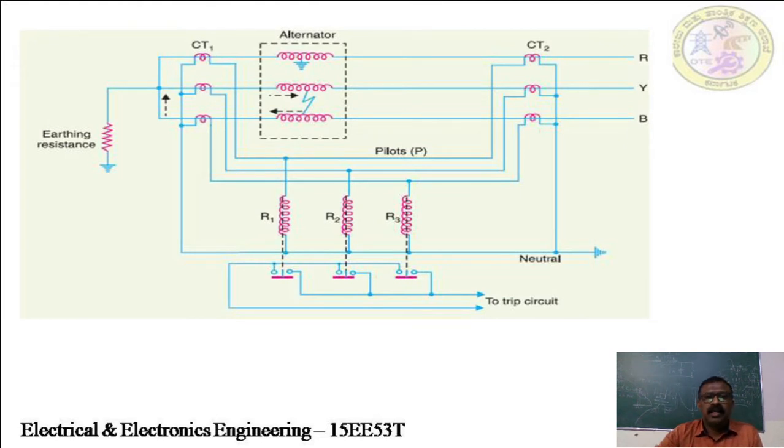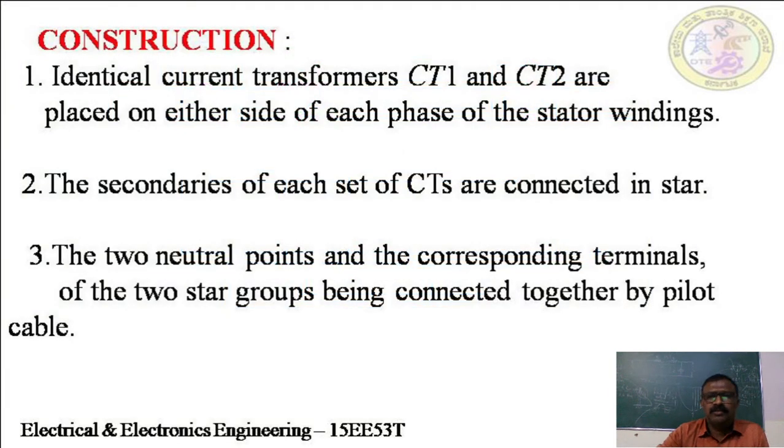So this is the general arrangement for differential protection, where we have the three phases of the stator winding, and CTs are connected across the stator windings. Okay, first we will see the construction. One, we should have identical current transformers. CT1 and CT2 are placed on either side of the protected stator windings.